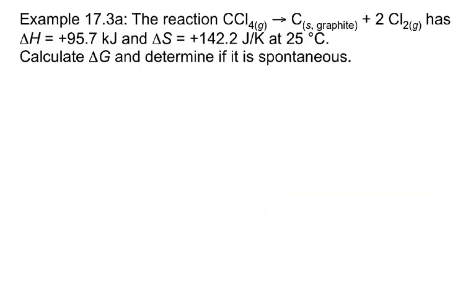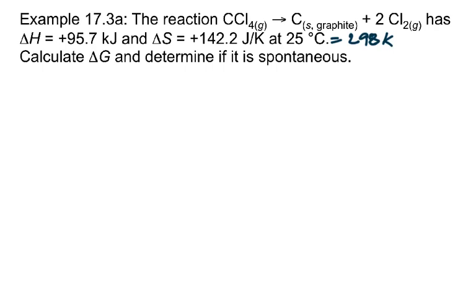Okay, so let's work through some problems. The reaction carbon tetrachloride goes to graphite plus chlorine has a delta H of positive 95.7 kilojoules and a delta S of positive 142.2 joules per Kelvin at 25 degrees Celsius, which remember is 298 K. Calculate delta G, determine if it's spontaneous.